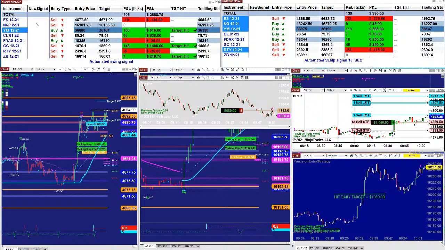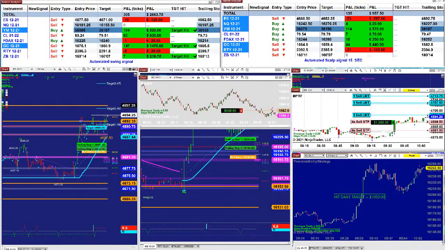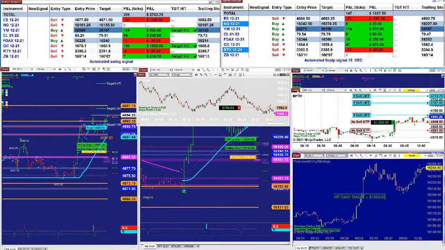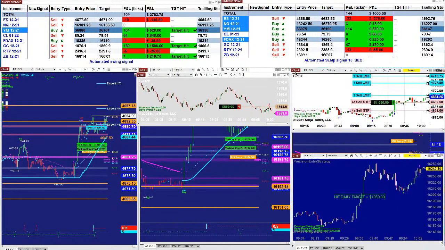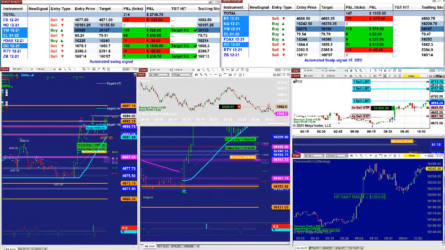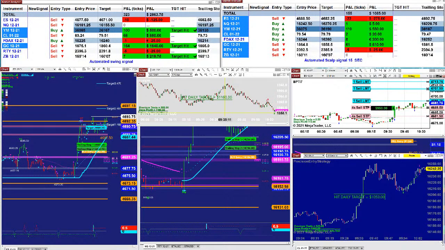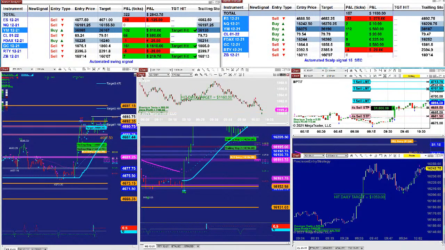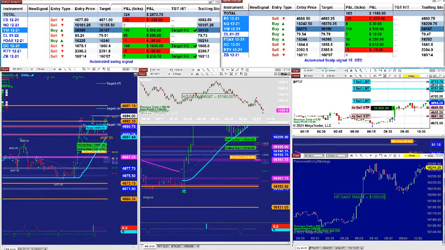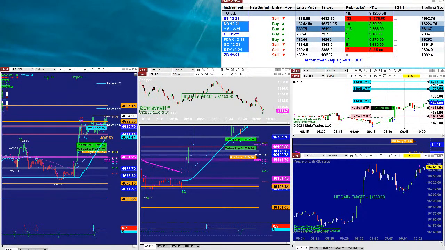But now we have a sell position on the ES, and actually there is a little confusion in the market between the ES, NASDAQ, and Dow Jones. So we will see what happens. And on the gold, it is finished.